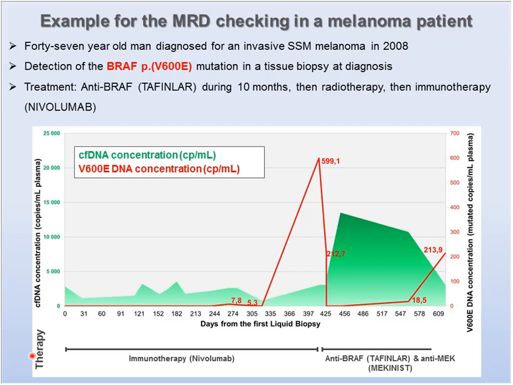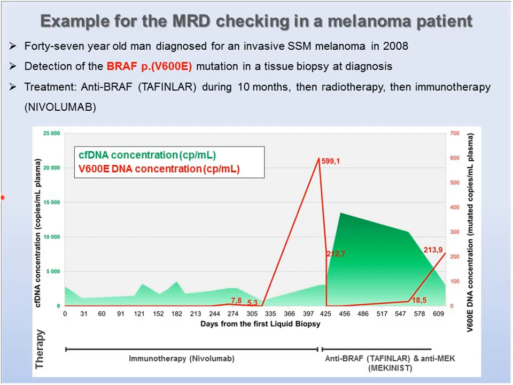So in this graph, you see that the green area indicates the concentration of the cell-free DNA, and the red line indicates the concentration of the BRAF mutation in plasma. And of course, these values were determined using digital PCR.